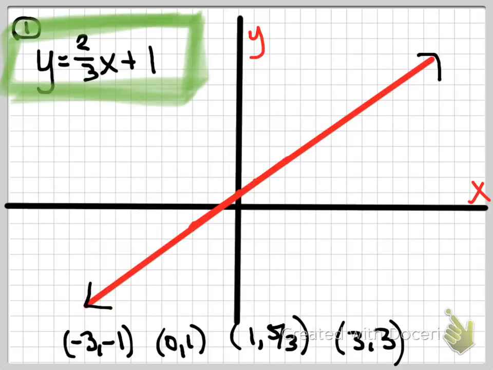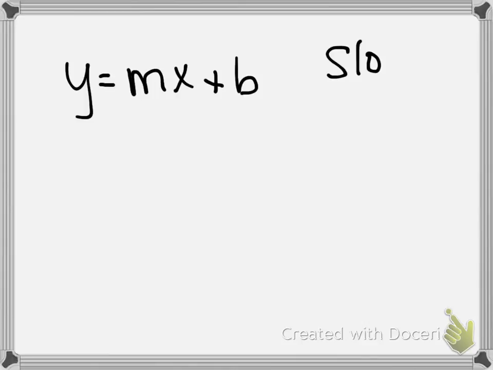Now, what I want to talk to you today about is y equals mx plus b. So y equals mx plus b is what's called slope-intercept form.